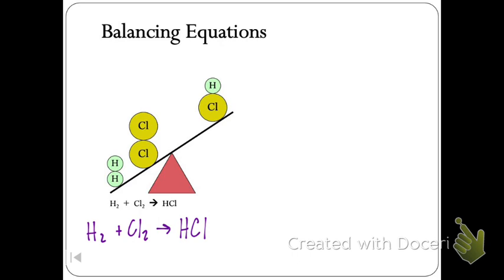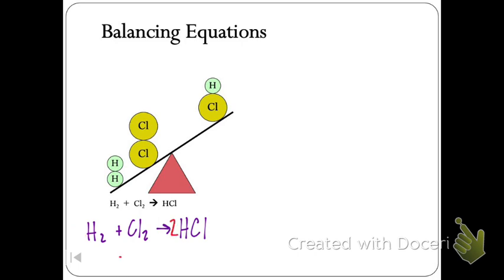No. So what has to happen here? Can I put a 2 and a 2 like that? No. The only way that I can edit a reaction is by adding a coefficient. So if I put a coefficient here, will that help me balance? No.